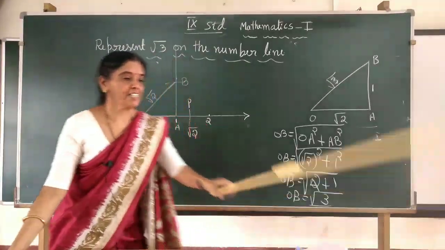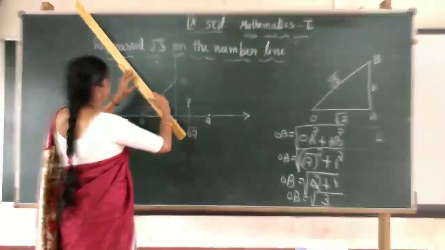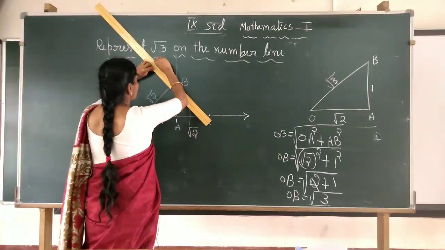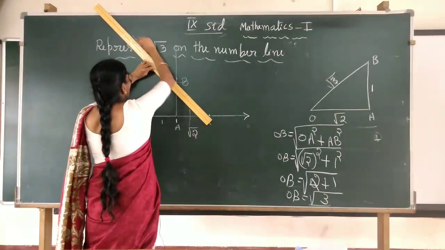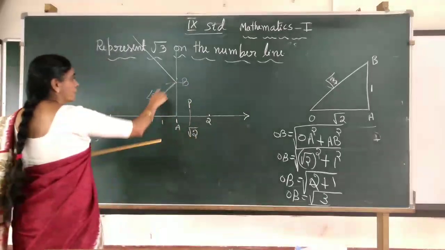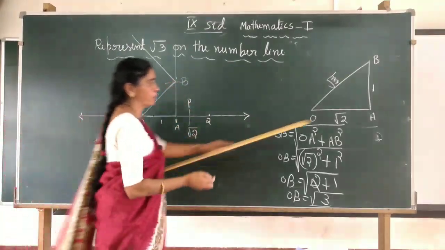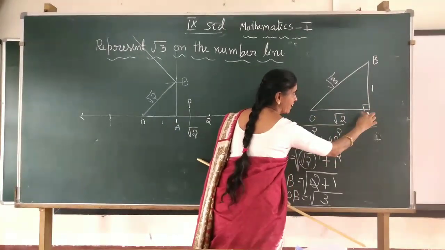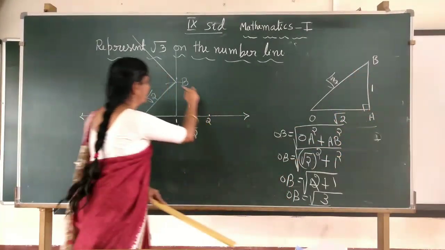Mark the 90 degrees and draw the line which is perpendicular to OB. So square root 2 I have, then one perpendicular line I did here.